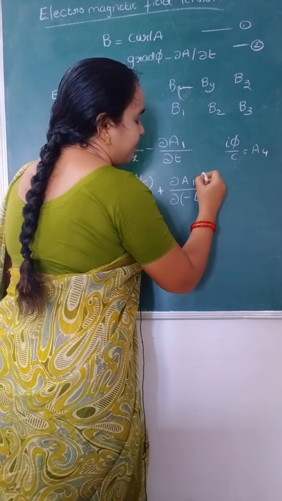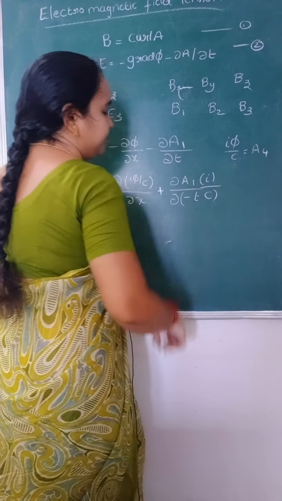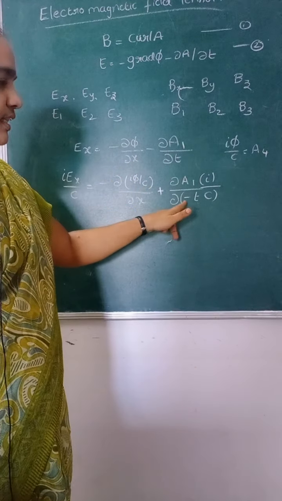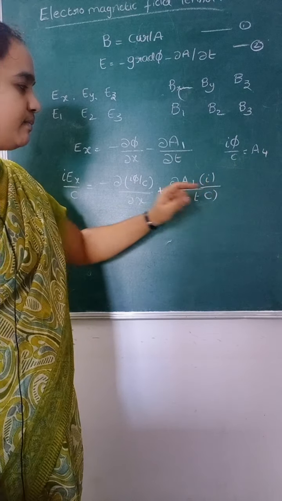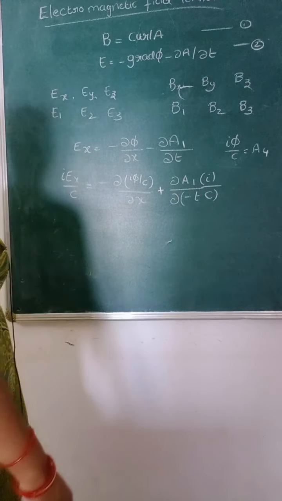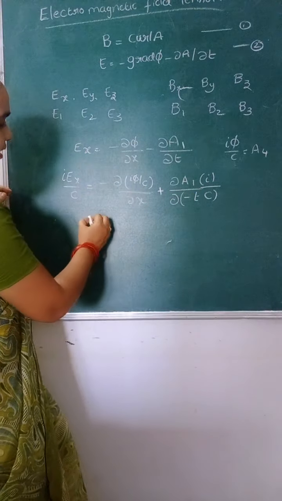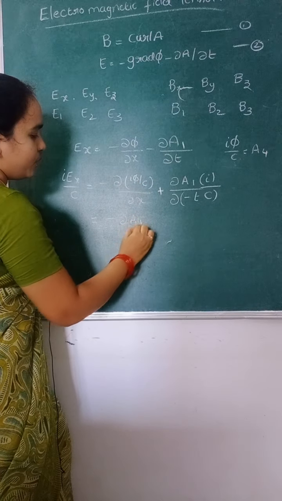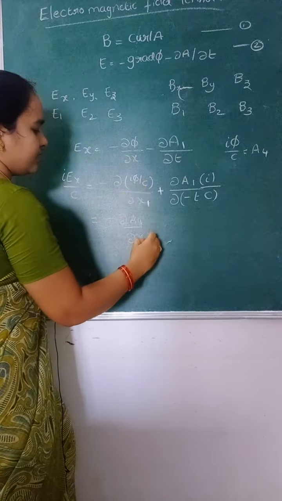We have multiplied this equation with i by c, and the negative sign is indicated in the denominator. Since minus 1 is i square, the i gets cancelled. So the remaining terms are minus dou A4 by dou x1, where i phi by c is A4.